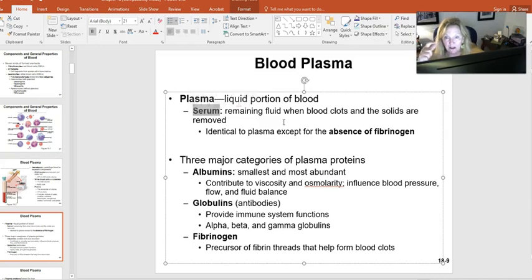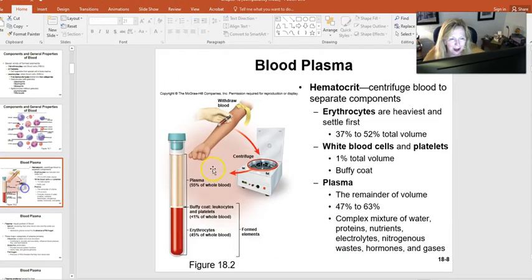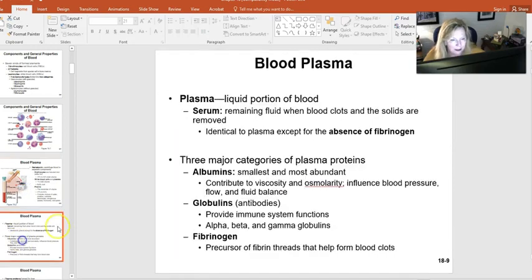There's a couple that have nothing in them, and if there's nothing in them to keep them from clotting, blood will clot. When it stops circulating and moving, it will clot. So those tubes allow the blood to clot, and then when it's spun down, what's left over at the top is actually not plasma. It's serum.